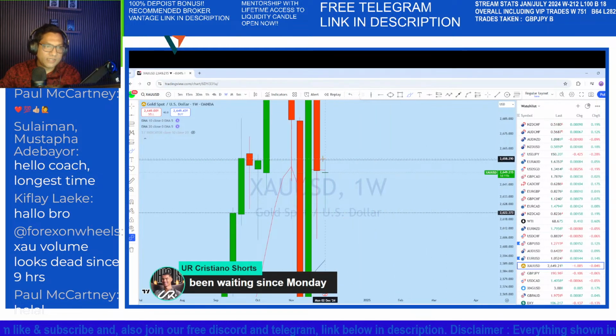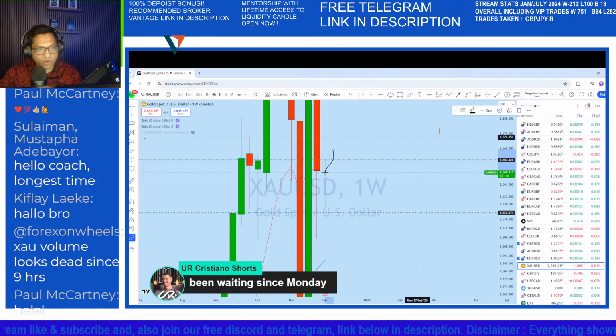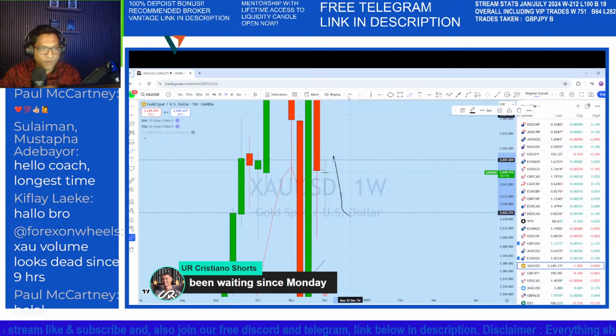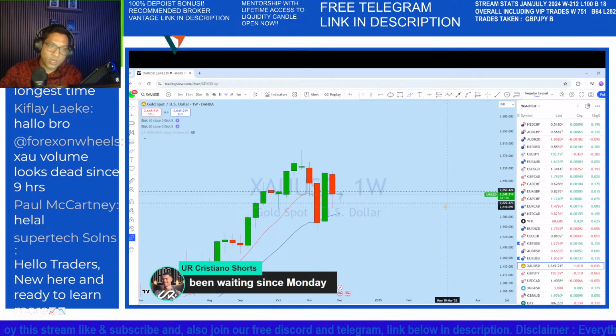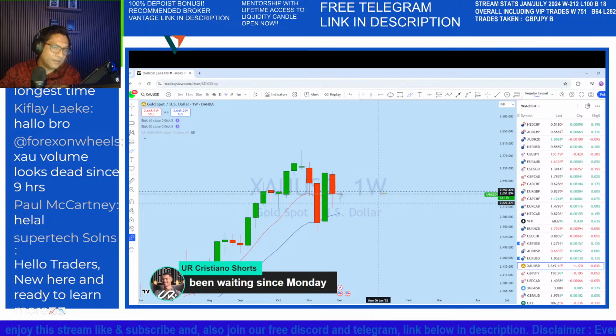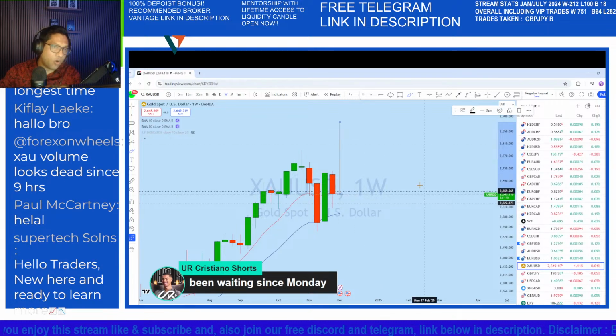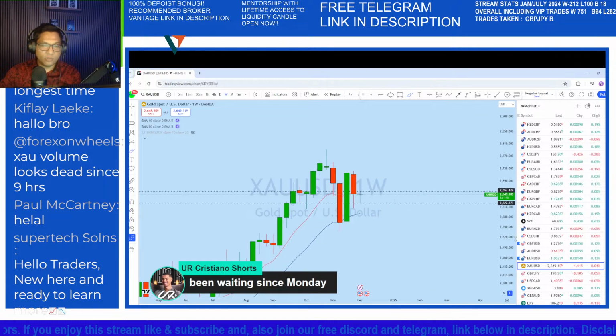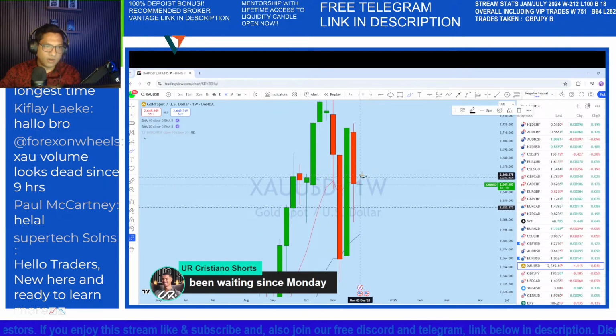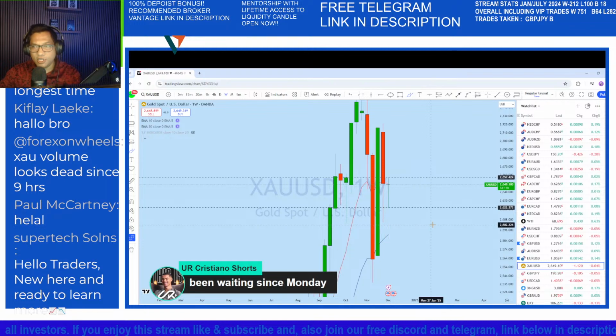If the price today tries to bounce, then we might find another selling opportunity. And from the weekly, I don't think XAUUSD is still ready for a big breakout. Instead, I think that after a retest, we could see a drop here potentially.